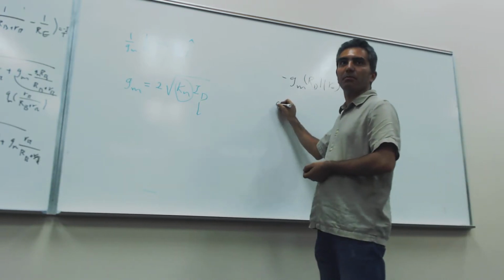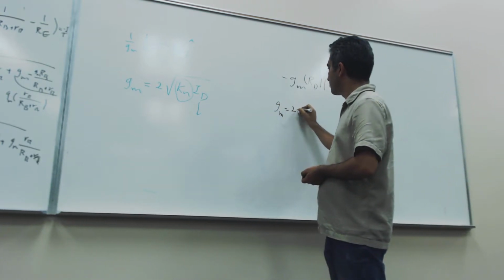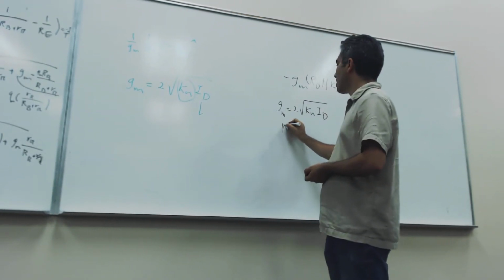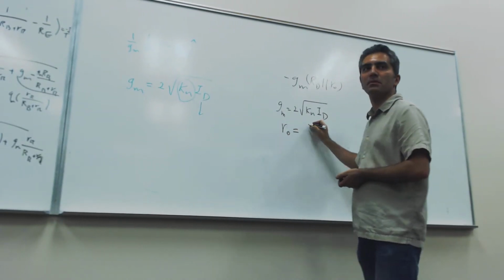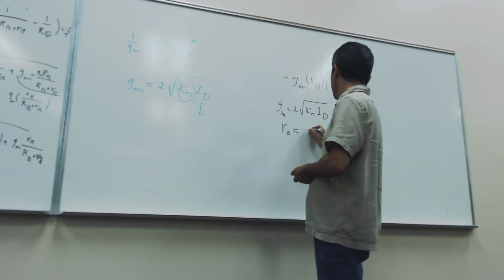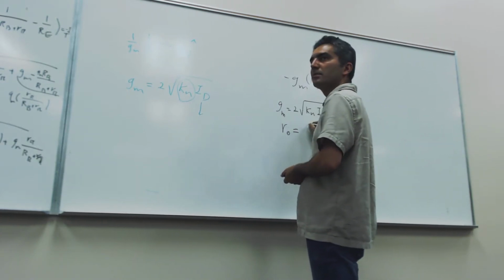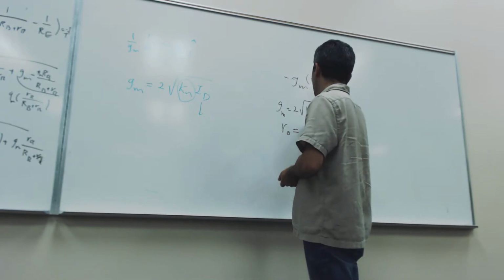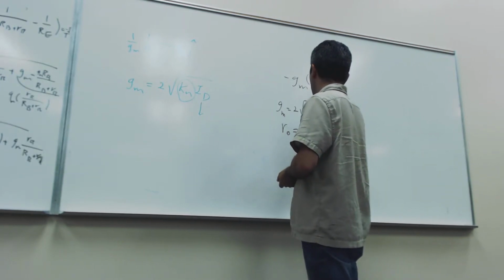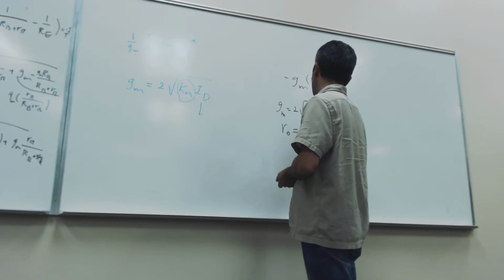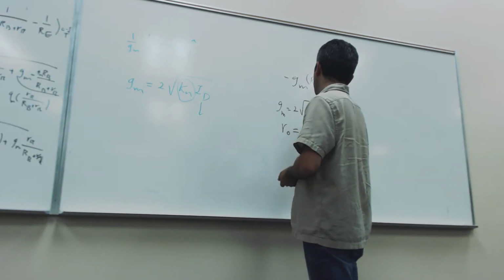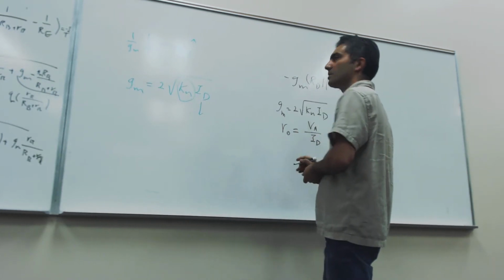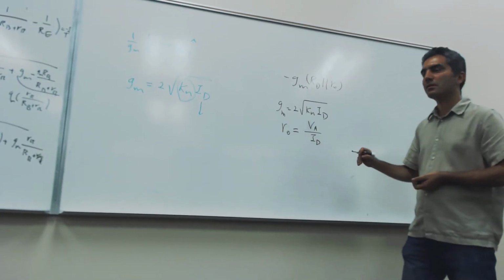So what is GM? What is R naught? Yes, right? It's the early voltage divided by ID. That's what it is. Okay?